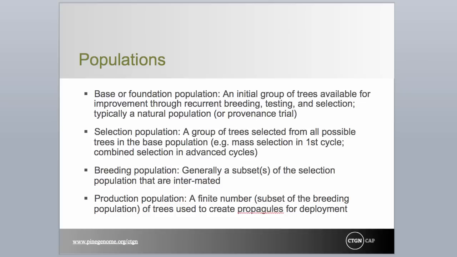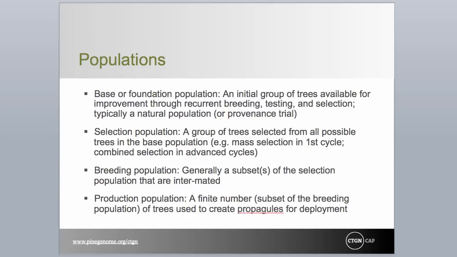The base population may represent an entire species or breeding zone or geographic region with millions of trees. The process for selection of trees for the selection population ranges from simple phenotypic appearance in the first cycle to sophisticated techniques driven by breeding values of many traits evaluated simultaneously in advanced populations.